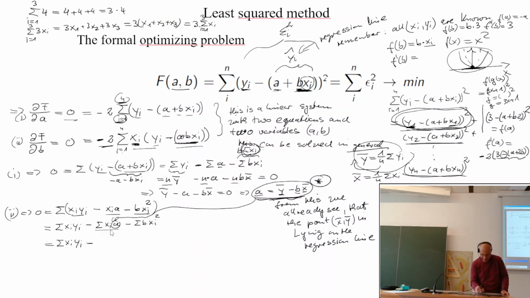This is again just a sum over a times x_i. From this we know again this is n times our arithmetic mean. So this is then a n times x bar, and here we can also move the fixed parameter b outside the summation.